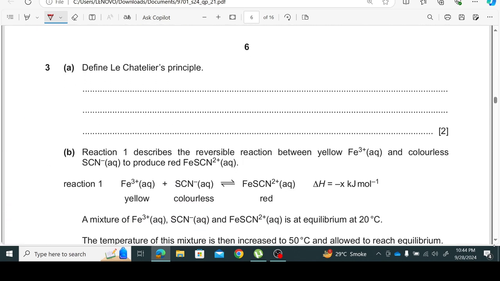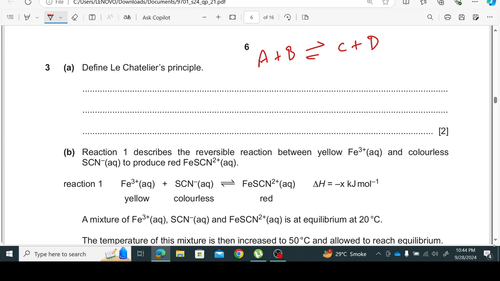Next we have: define Le Chatelier's principle. Now we are moving towards chemical equilibrium, which is very famous. Equilibrium will respond to a stress by countering its effect. When some reaction is in equilibrium, A plus B, and you apply some stress, meaning you change the temperature, concentration, or pressure, the equilibrium tries to adjust itself.